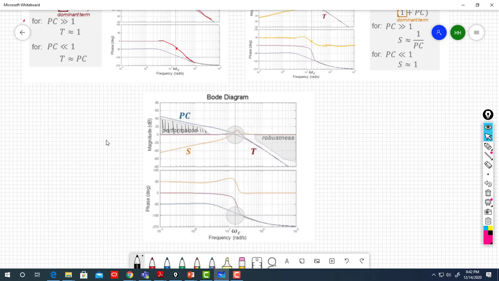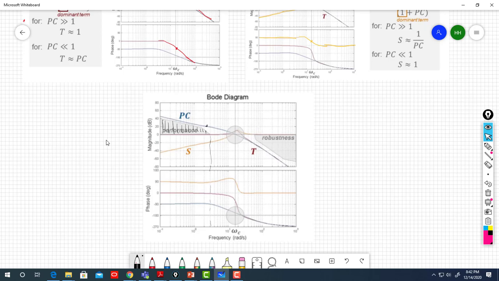Basically we need to have high gain at least a decade below the crossover frequency. So if the crossover frequency is here, then omega c over 10, somewhere here, a decade below the crossover frequency, you should have high gain in order to get a good performance system. That's rule number one.